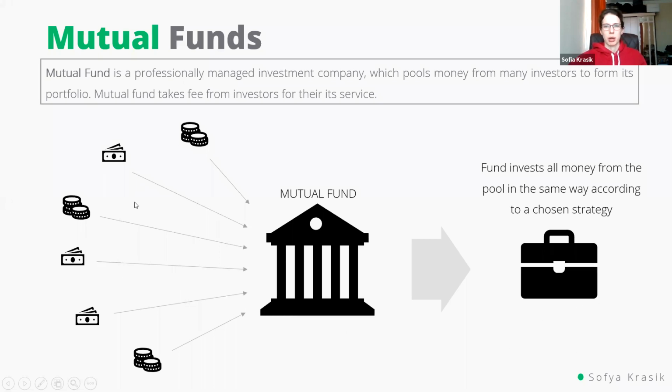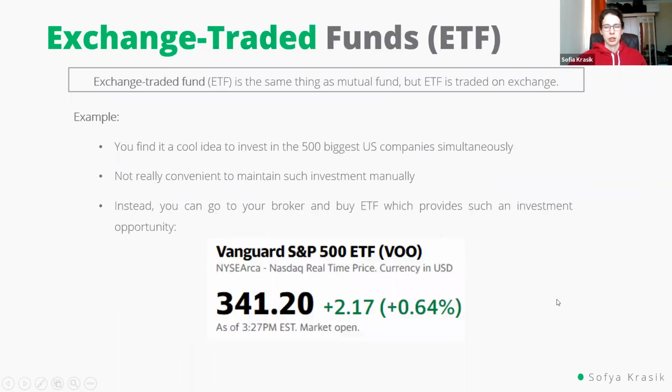So all money is pooled and invested in the same portfolio with the same strategy. And an exchange traded fund is exactly the same as a mutual fund, with the major difference that exchange traded funds are traded on an exchange, as you can get from their name. The short form is ETF.